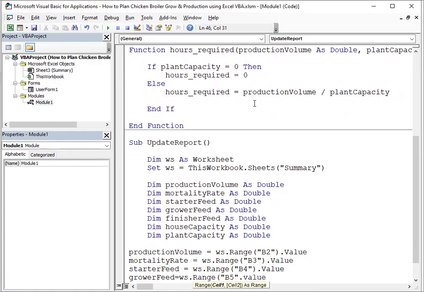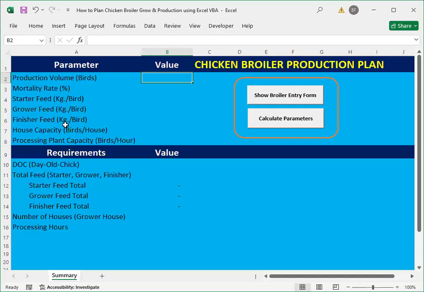Okay, before I forget the closing parenthesis. Let's go to the Excel. The range that we're getting is B2 for the production volume, B3 mortality rate, starter feed B4, B5 grower feed, finisher feed B6, B7, and B8. So from B2 to B8.